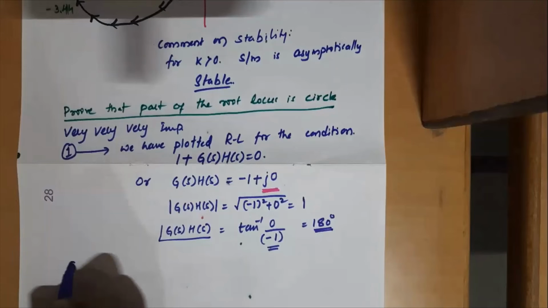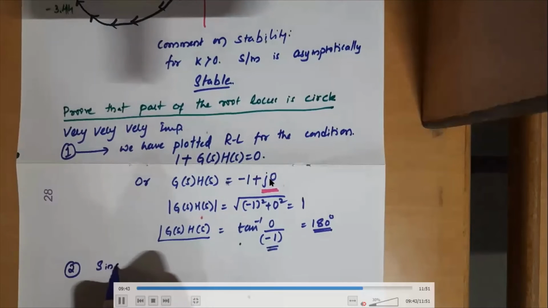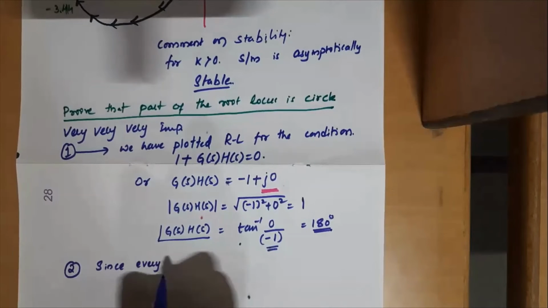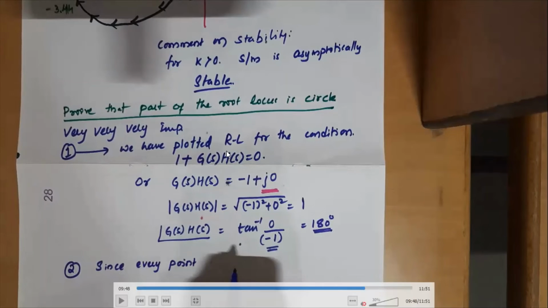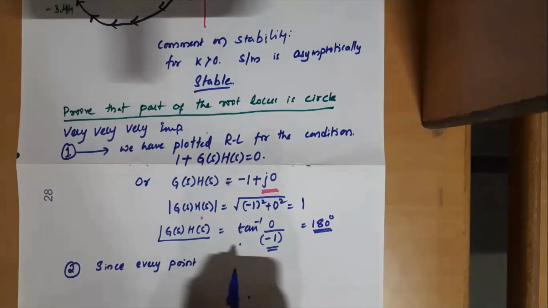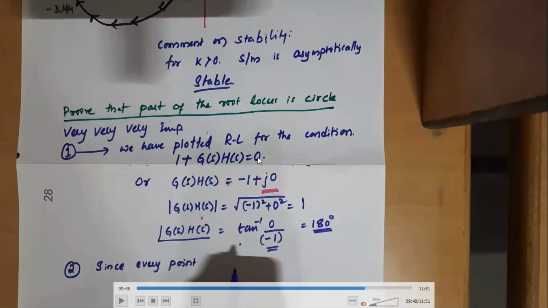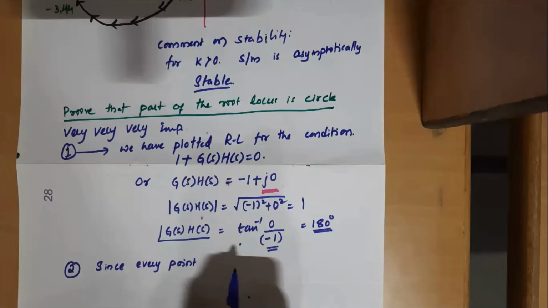You should look for the quadrant depending on the real and imaginary values. So based on this, I'll repeat this explanation again. So we plotted the root locus for the roots of the characteristic equation. And the roots of the characteristic equation will be obviously given by this expression. So every root of the characteristic equation satisfies this expression.